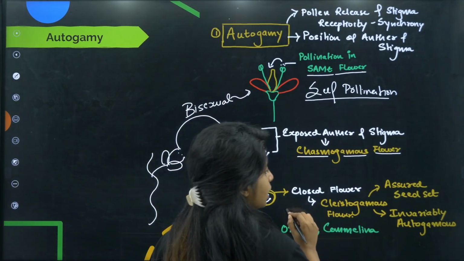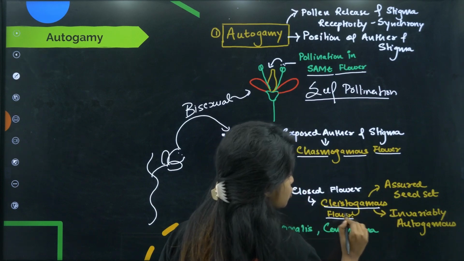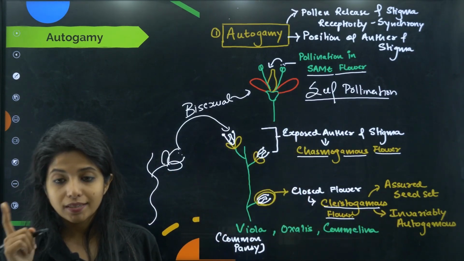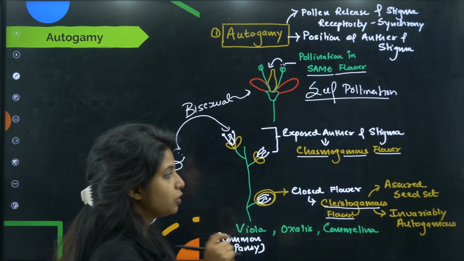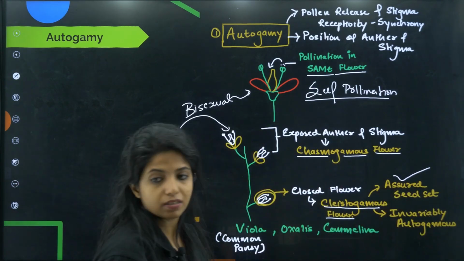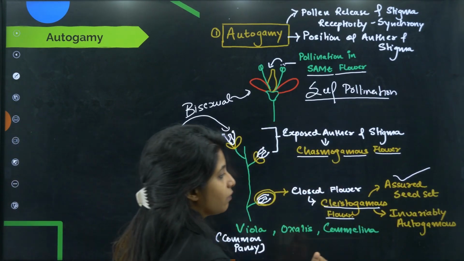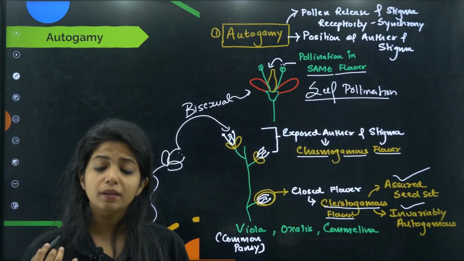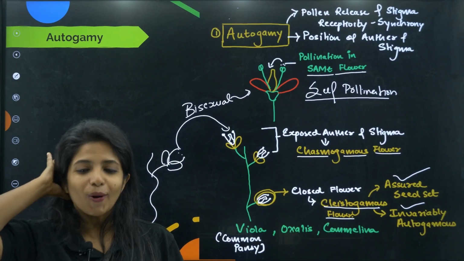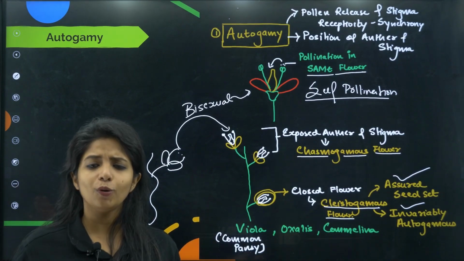So these types of flowers are known as cleistogamous, CL for cleisto, CL for close, I always say it. Cleistogamous flowers are the ones which will give me assured seed set anyways. And second thing, it will be invariably autogamous. What do you mean by invariably autogamous? That means no choice given.